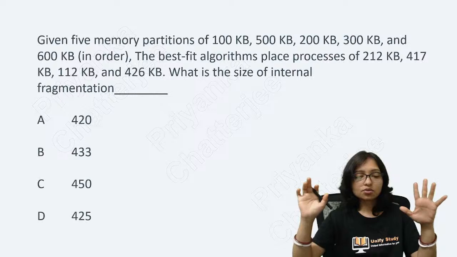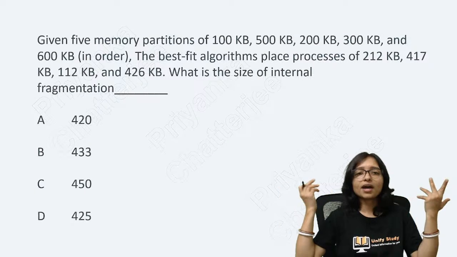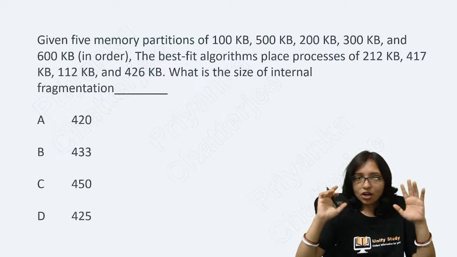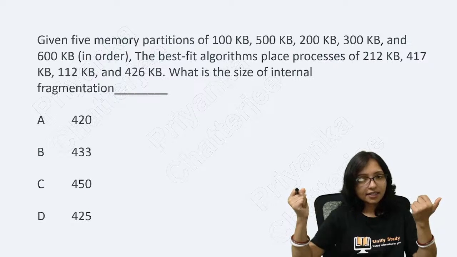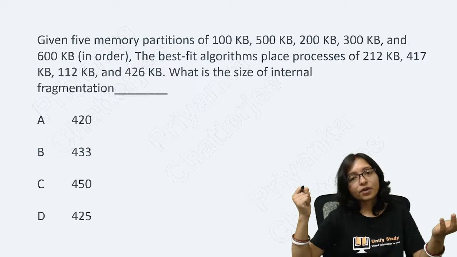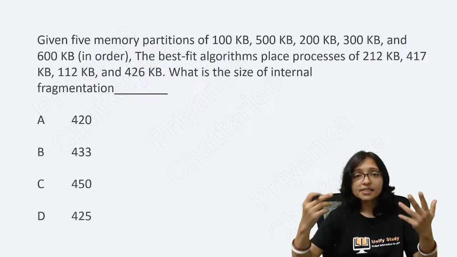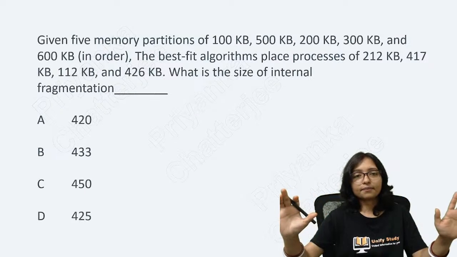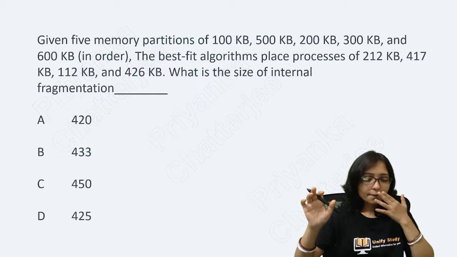Wait for the next question. When I am giving you the explanation, why are you marking the poll? You are not kids. Why are you behaving like a kid? I am explaining the question and you are marking the poll. There is no meaning. You should judge yourself. You came here to judge yourself. It's not a game. It is your exam, your future.